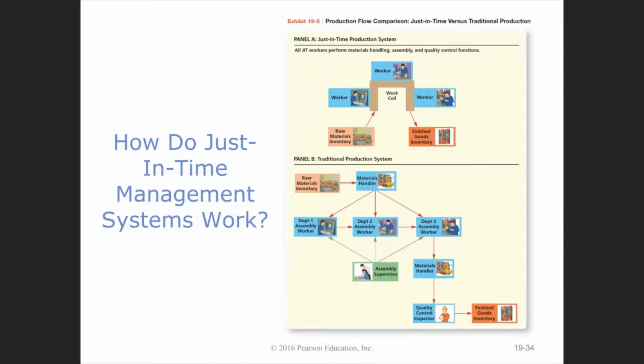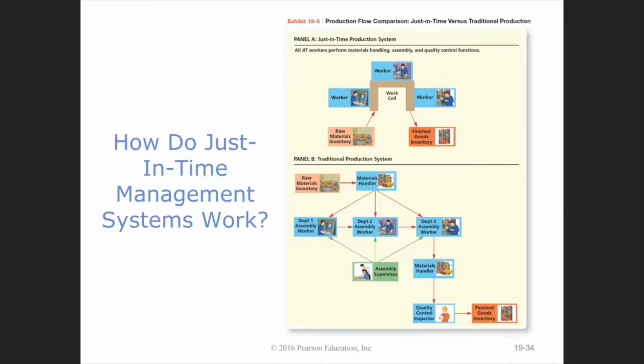In a traditional production system, you've got your raw materials inventory. It goes to your materials handler. Then it goes to various assembly workers. It could go to one assembly worker, or multiple assembly workers. And then you also have a supervisor that supervises that process normally.